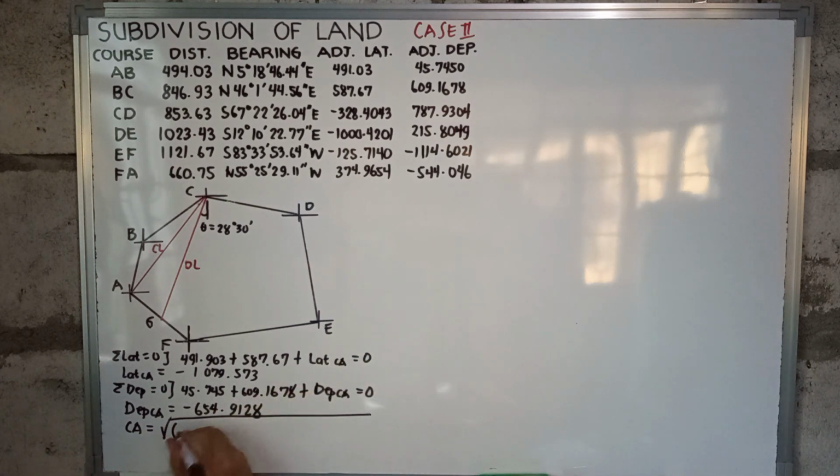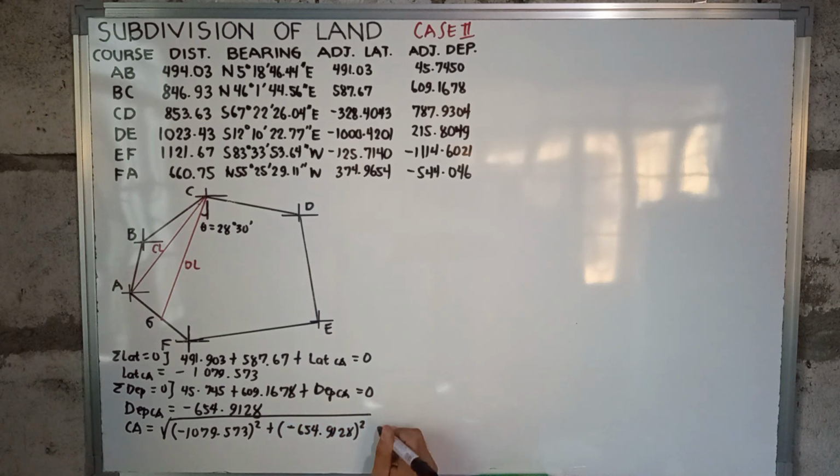so, negative 1079.573 squared plus negative 654.9128 squared. So, CA is equal to 1,262.69 meter. So, para makuha naman natin yung angle, theta is equals to arctan, departure, which is equal to 654.9128.